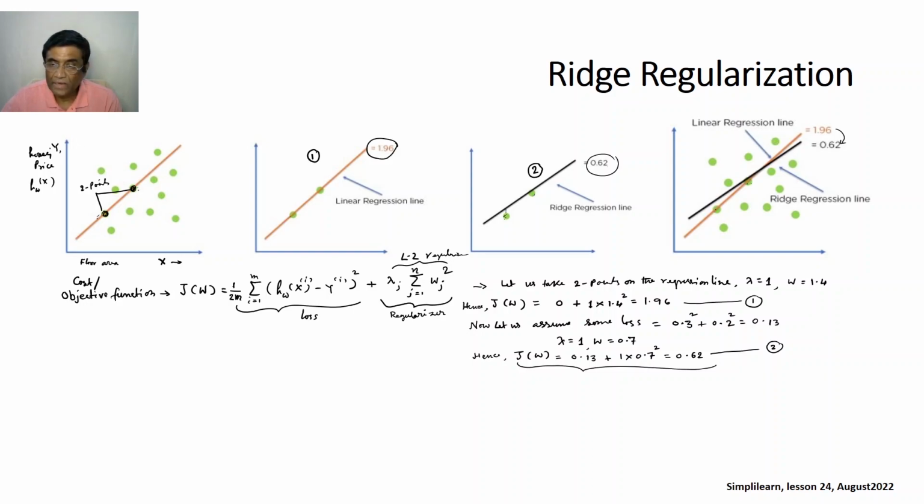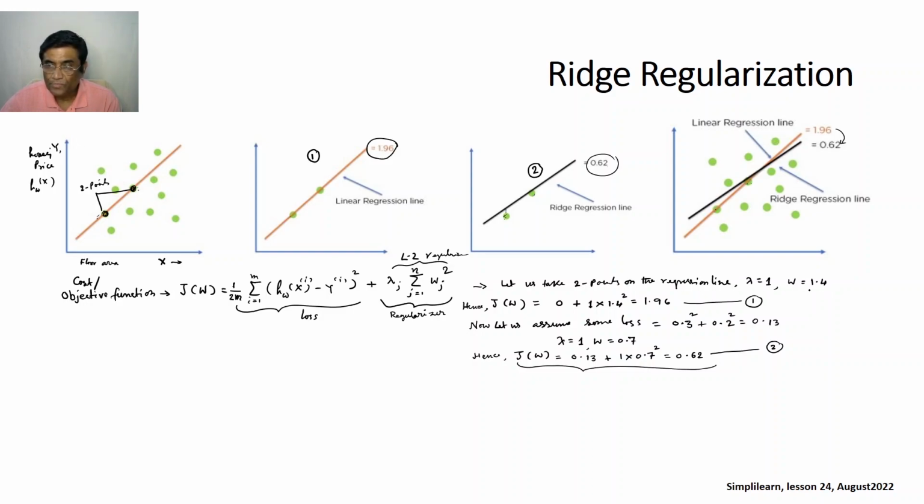Say we have i equals 1 to 2, and say we have two features, two parameters only. Let the two parameters be on the regularizing line.